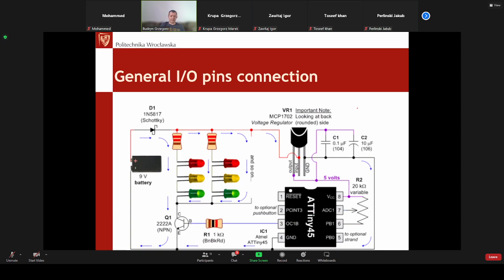So here I have an example of supplying multiple LEDs out of the microcontroller. We've got a series resistor, some basic power bipolar transistor, and the LEDs which are driven here.